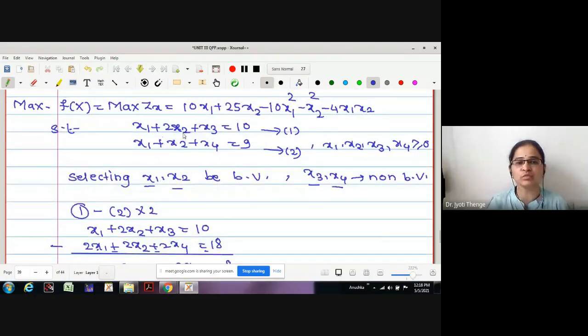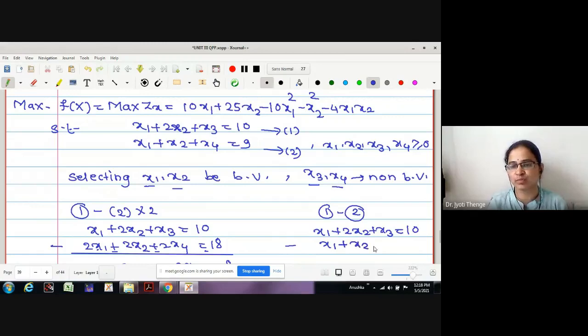Similarly, we will try to remove x1. In order to remove x1, we will just do a subtraction. 1 minus 2 I will call. Okay, therefore what we will get? x1 plus 2x2 plus x3 equal to 10 subtracted with x1 plus x2 plus x4 is equal to 9.